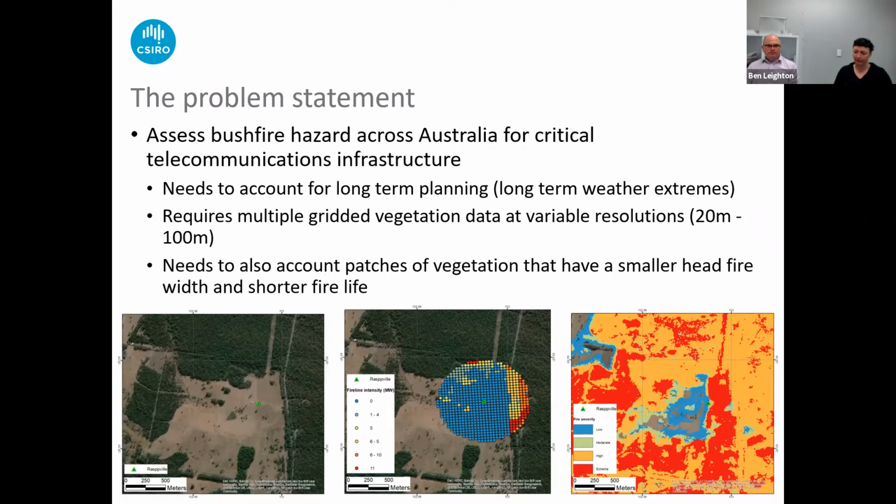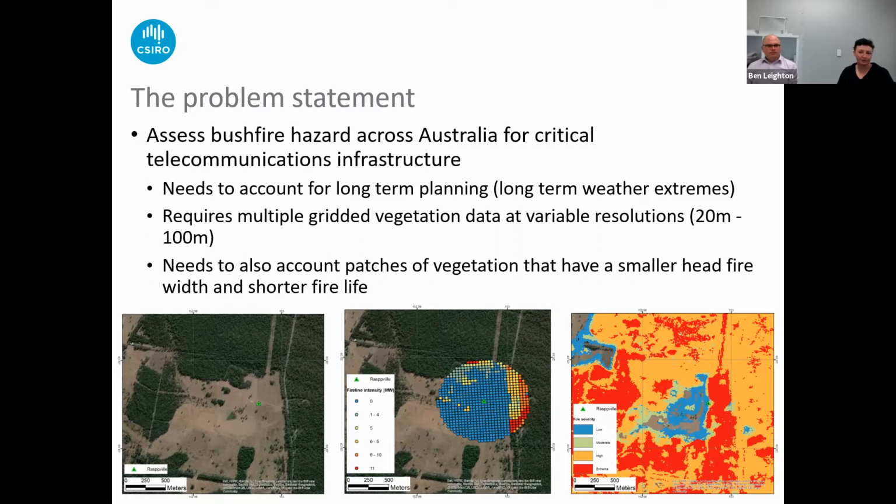To cover Australia, we have reliable data sets discretely for states and territories and Australia-wide, and they vary in resolution, quality and attributes. So we kind of had to paste those all together.